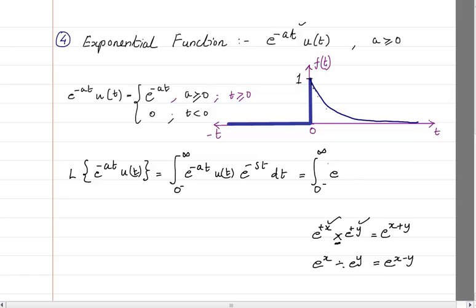So I can take minus common outside. T is also there, that I can take out common. So I will write s plus a t. Why?